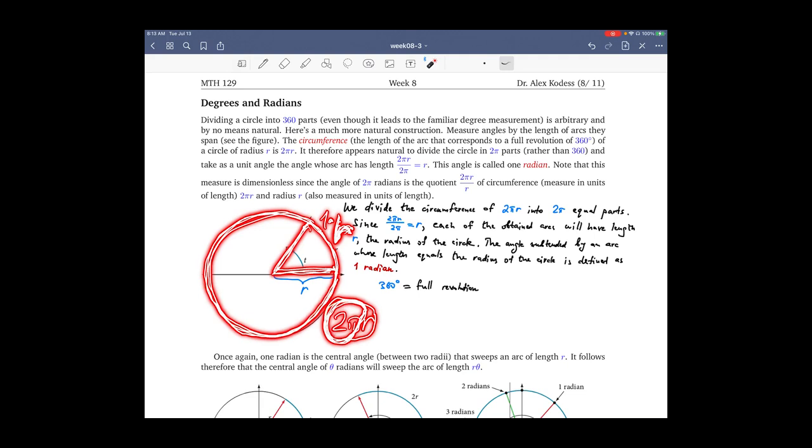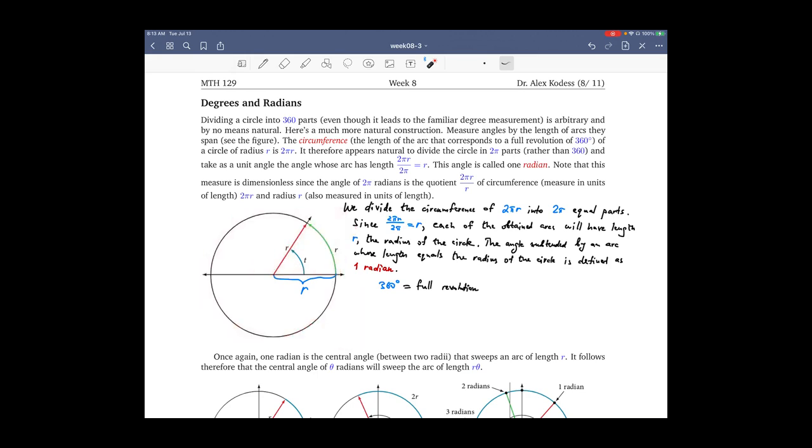So that must be an angle of 2 pi. An arc of length r is 1 radian, an arc of length 2 pi r is 2 pi radians. So full revolution is 2 pi radians.